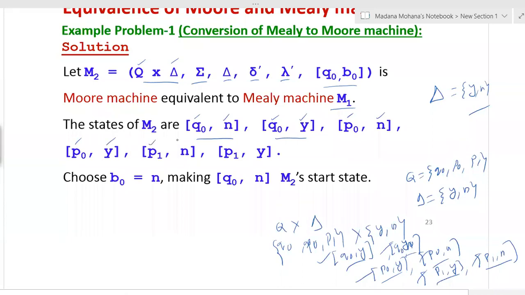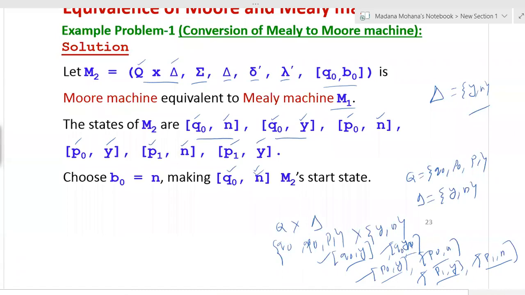Then the third state p1 with output n, then p1 with output y. Now here arbitrarily you can choose b0 as either n or y. So that is the initial state. Now (q0, b0) is actually the initial state. Here b0 we will take either n or y. Suppose arbitrarily, if you consider alphabetical order, n comes first, so you can take it as n.